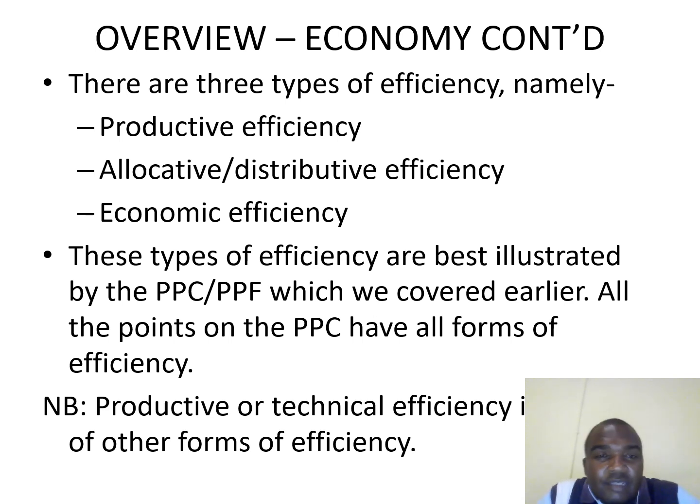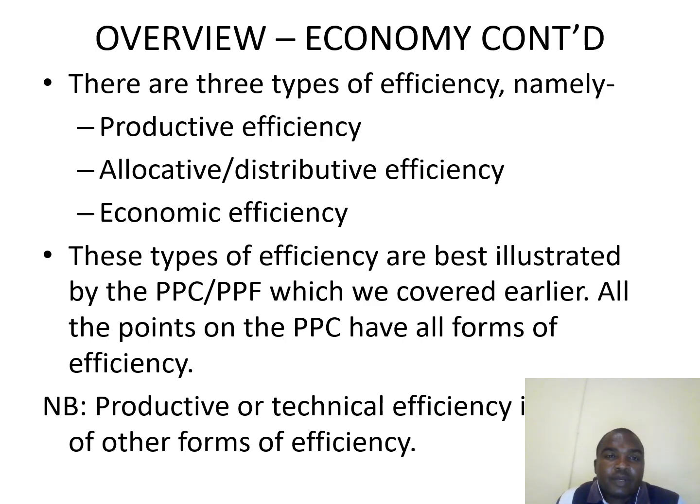We realize that productive efficiency is a necessary condition for economic efficiency, and allocative or distributive efficiency is a sufficient condition for economic efficiency. In turn, productive efficiency and allocative efficiency each have necessary and sufficient conditions.